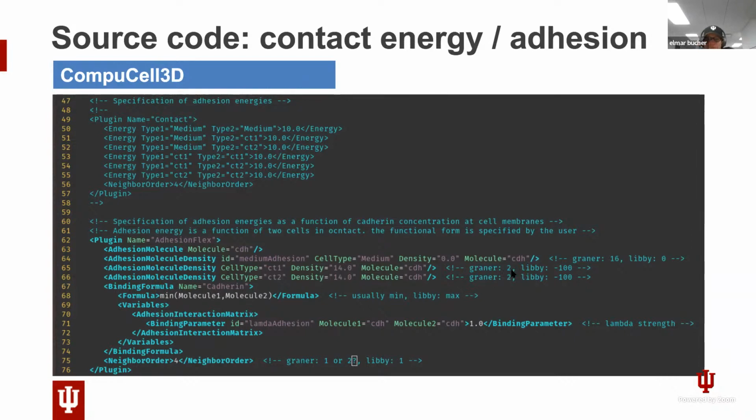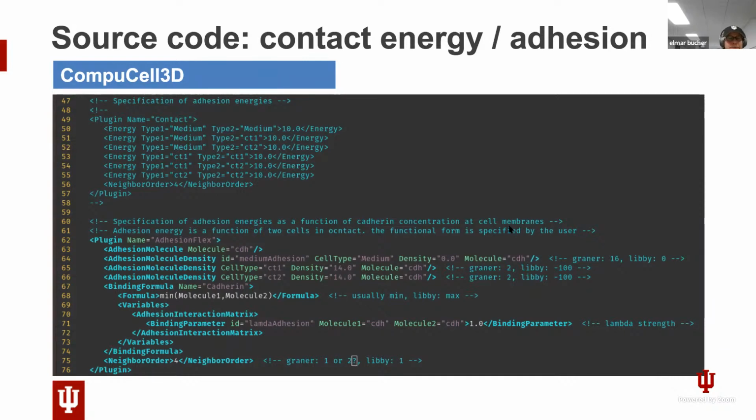But later on, as James explained to me, they came to the conclusion that it would have been better to have negative adhesion energies for the cell types, because in the end this makes the cell independent. The density of this cadherin molecule makes it independent from the length of the surface that you have.